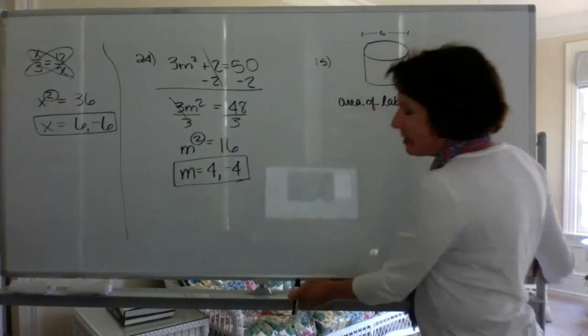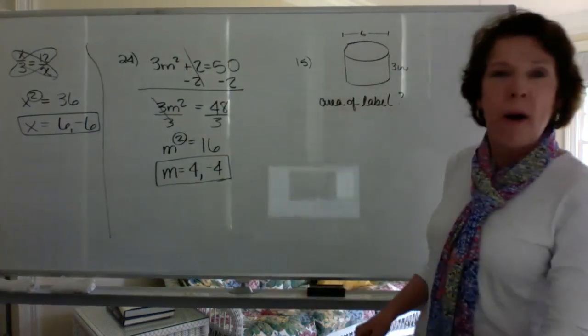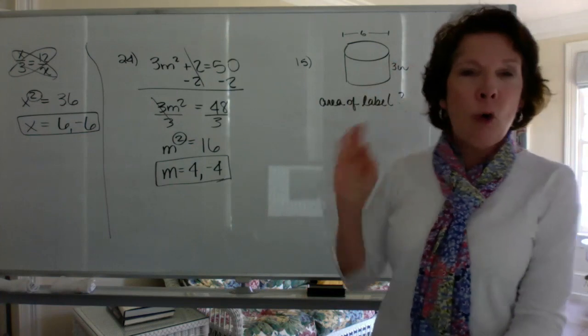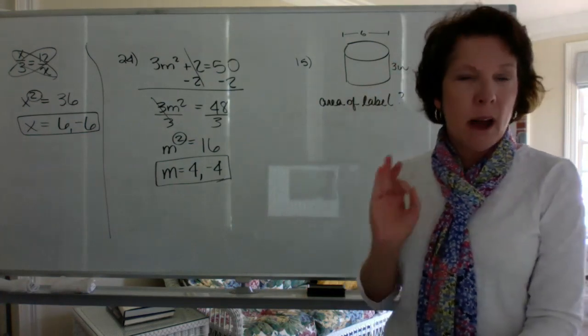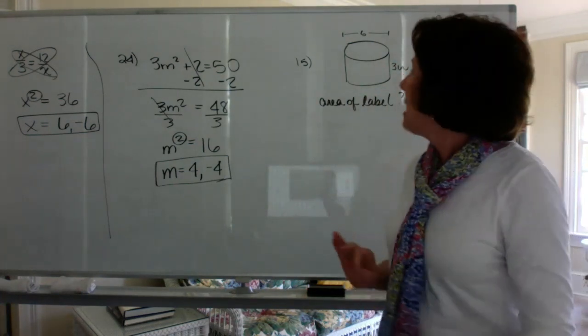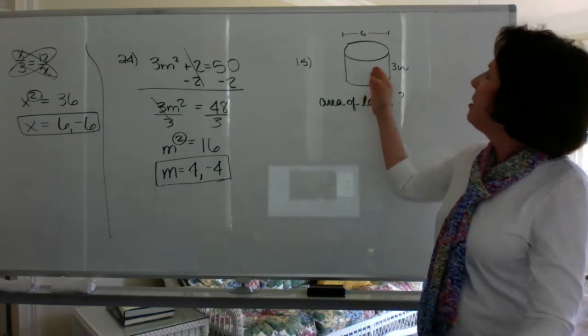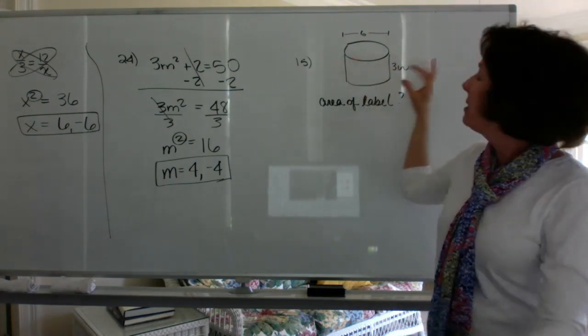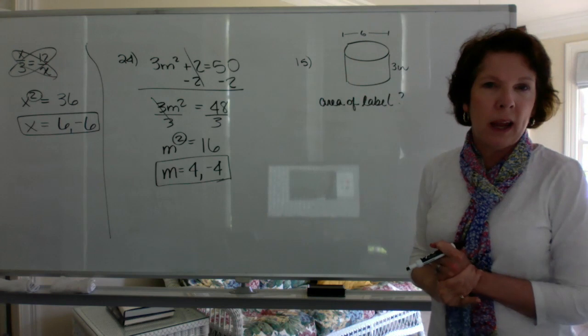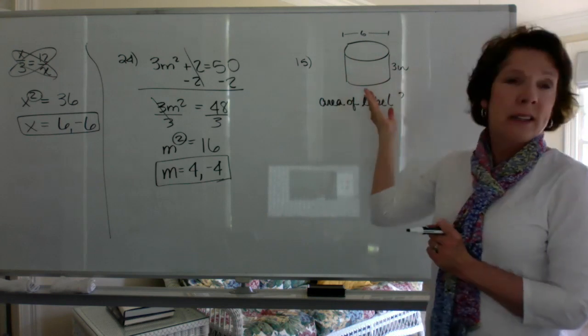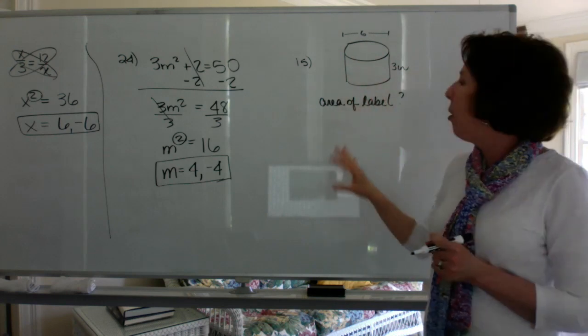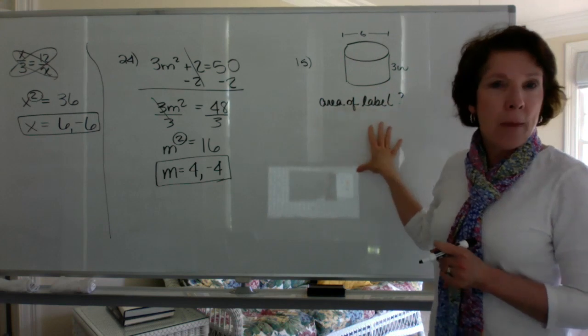Number 15 is a cylinder surface area problem, but they're only asking for part of the surface area. So let's look at it. We're given a cylinder with a diameter of 6 and with a height of 3. And it tells me, if you were to consider this a can with a label, what is the area of the label?